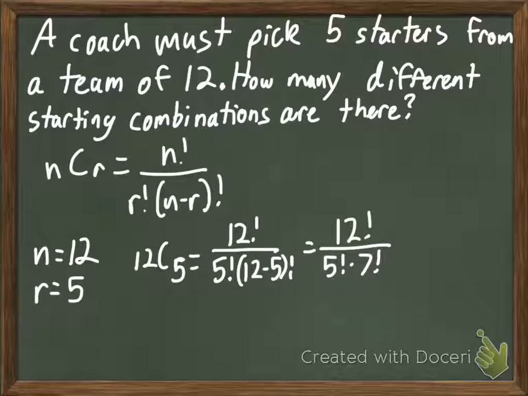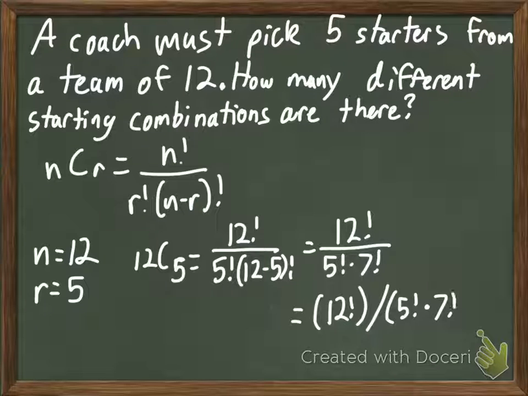Now there's a couple ways we can do this where we reduce, but what I suggest you do is use your scientific calculator to get our answer. So when you type that in the calculator, put 12 factorial, divide by 5 factorial times 7 factorial, and make sure that's in parentheses.